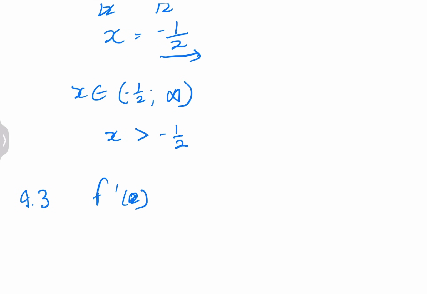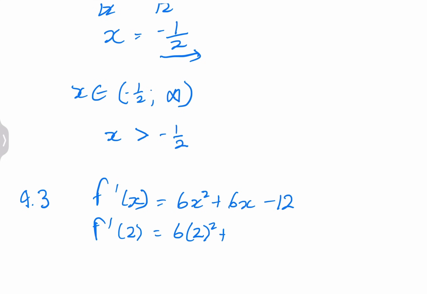Let me start with the derivative. Remember, that was 6x squared plus 6x minus 12. I'm going to take the derivative where x is equal to 2. So I substitute 2 there: 6 times 4, which is 24, plus 6 times 2 minus 12.